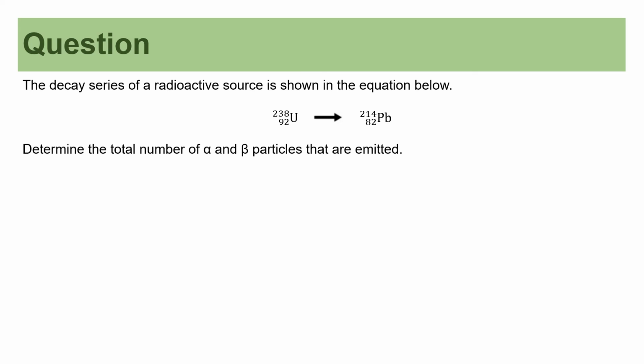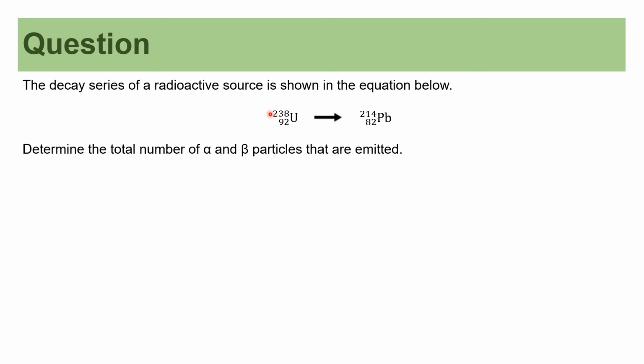Okay, before I end the class today, let's do one question, only one, to test your understanding. The question stated that the decay series of a radioactive source is shown in the equation below.